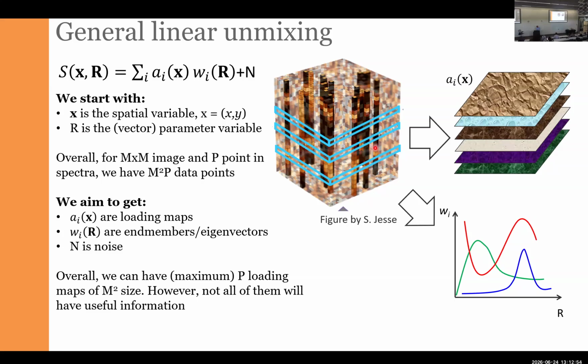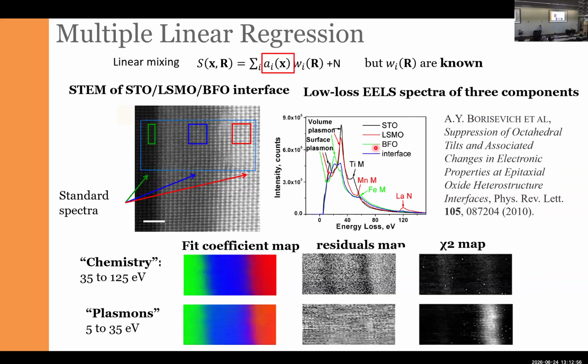This one allows you to expect the physics, and this one shows you how the corresponding physics is distributed in the XY plane. Now, what's very important is that this type of linear method doesn't start with machine learning. They start with things such as linear regression. Multiple linear regression methods basically say that, look, I measure the unknown signal, and I know that this unknown signal is the linear combination of some other signals with unknown coefficients.